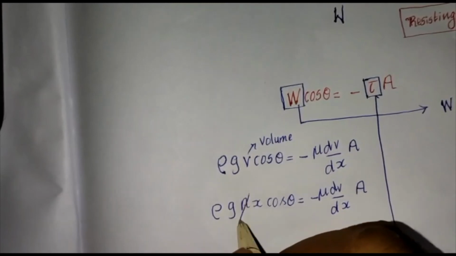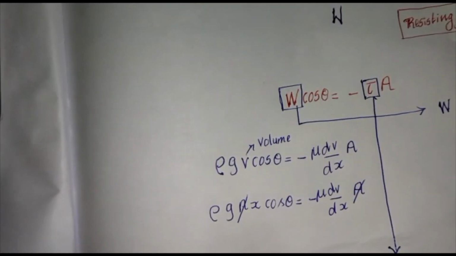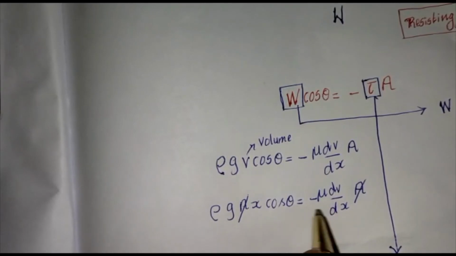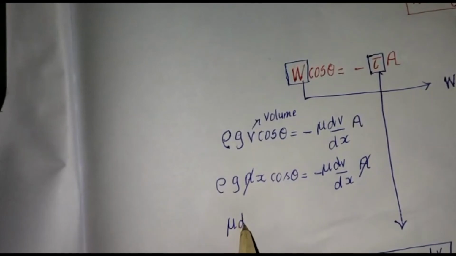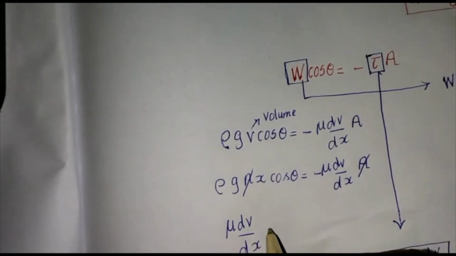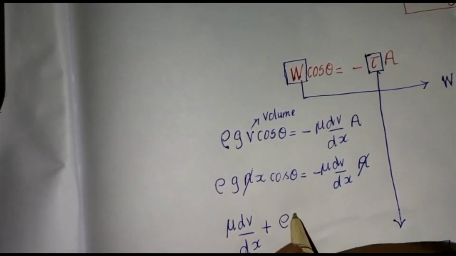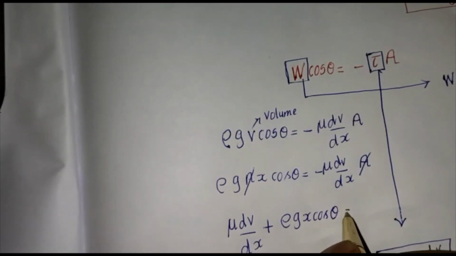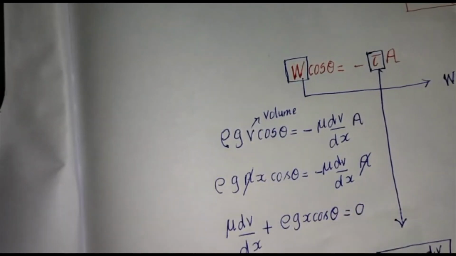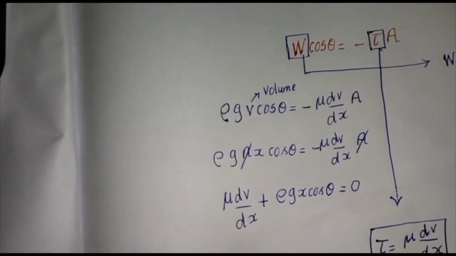You can cancel the area on either side. You'll be left with, you can take this mu dv by dx, throw it on the left side, and let us see what comes. It is mu into dv by dx. If you throw it on the left side, this negative becomes positive, plus rho g x into cos theta is equal to 0. All you have to do is differentiate this equation with respect to x. What are you going to get?